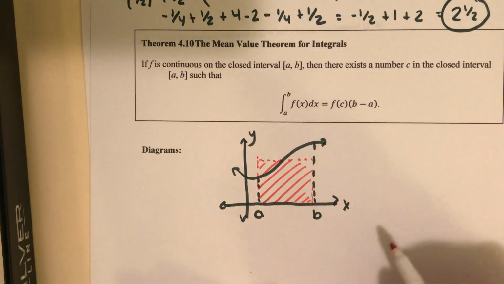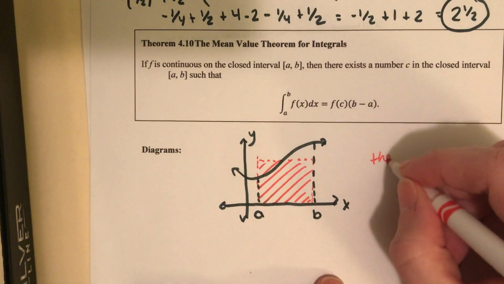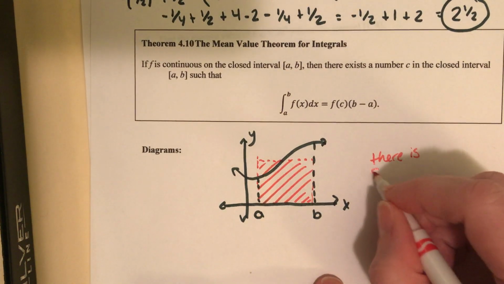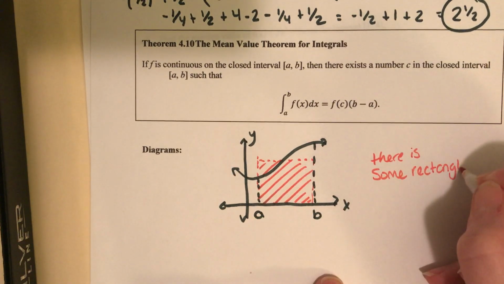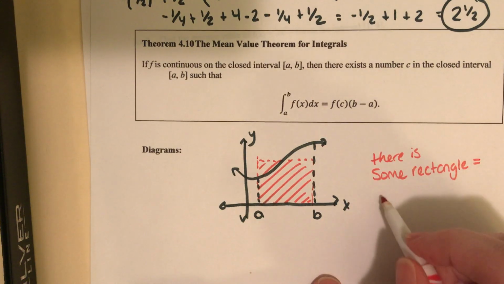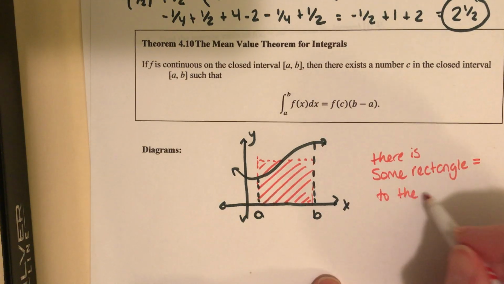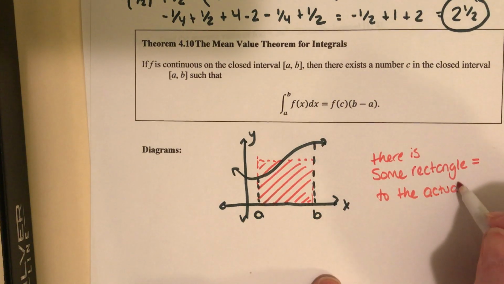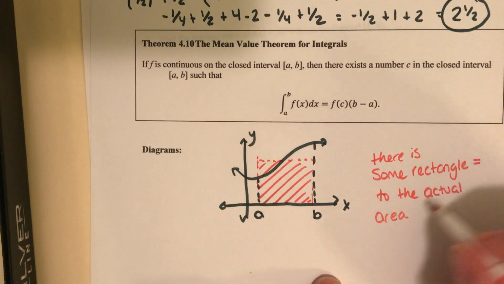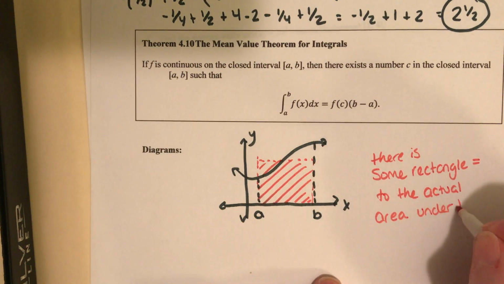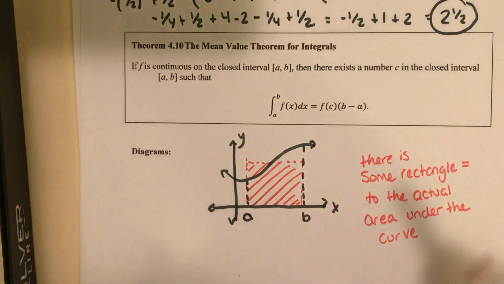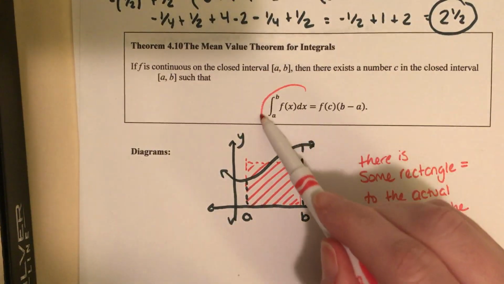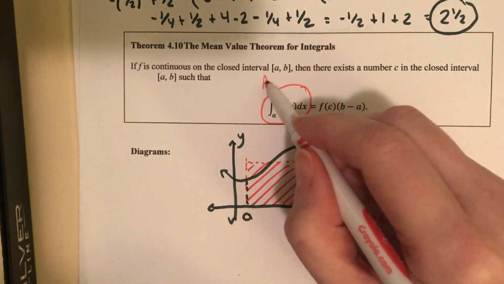So that's all that theorem states, is that there is some rectangle equal to the actual area under the curve. So up here, this diagram here, this is our actual area under the curve.